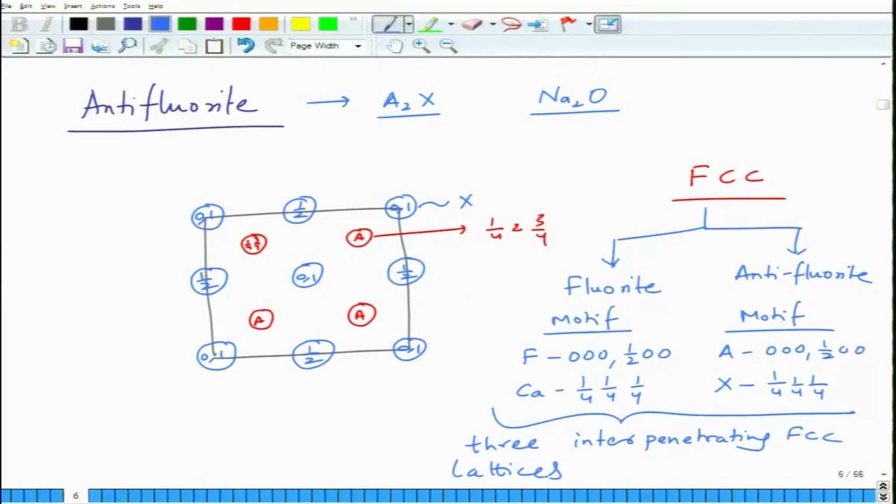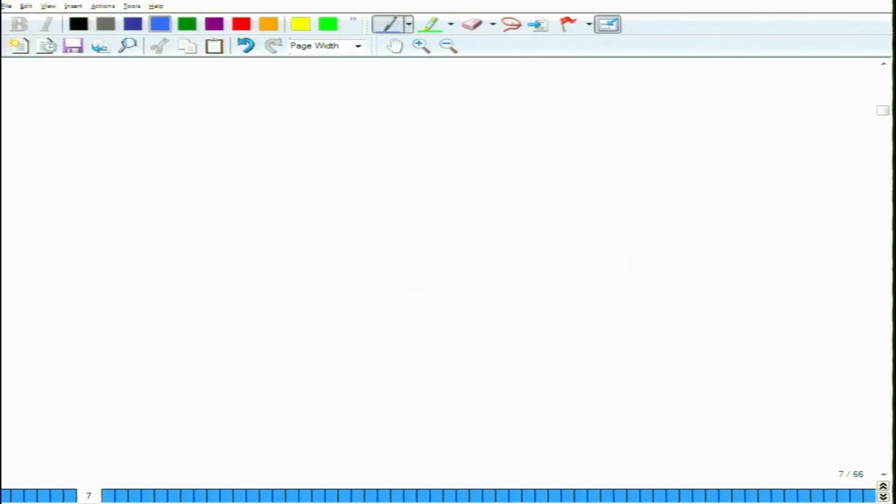In the first case 2 of anion, 1 of cation, in the second case 2 of cation, 1 of anion, alright. So, this is how you make the antifluoride structure, which is again based on FCC packing of anions. Okay.